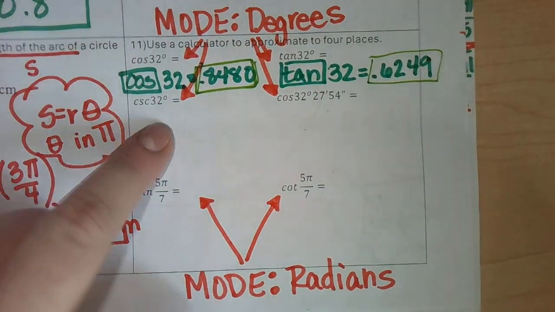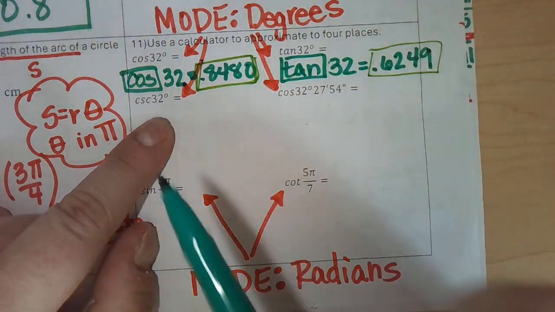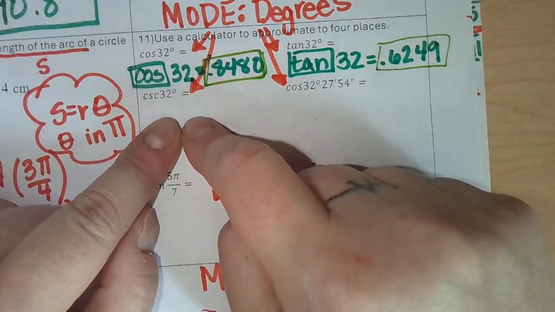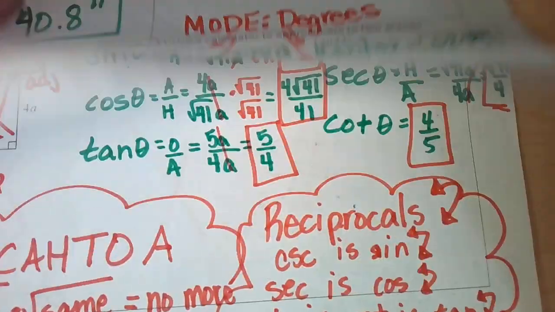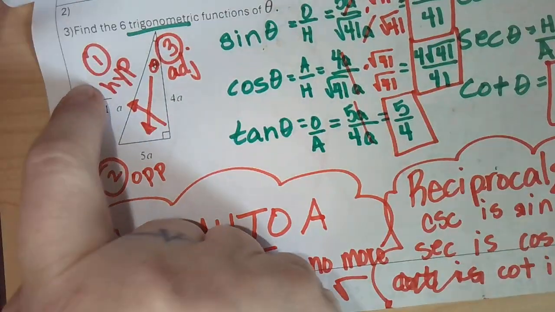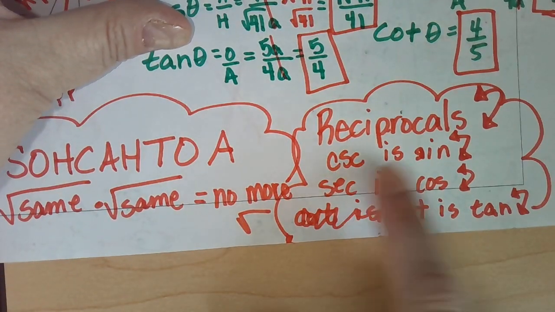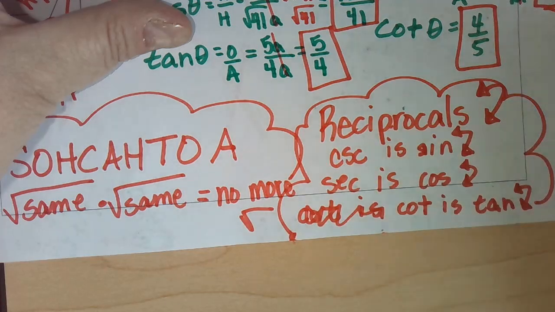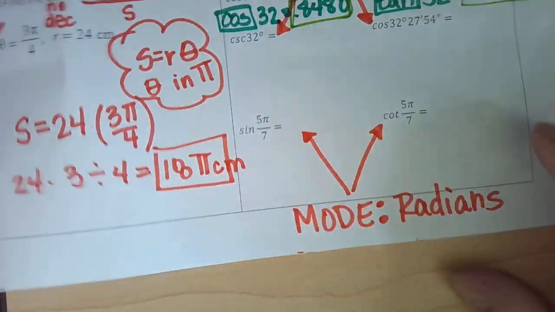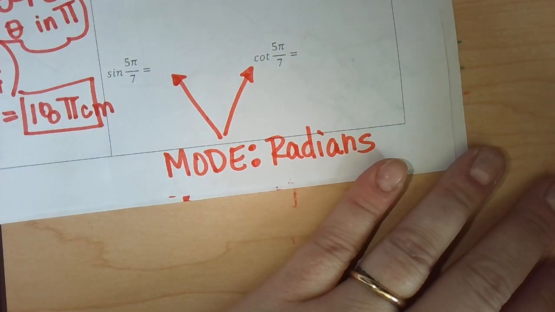All right. Cosecant. We have to remember what we wrote down for number 2 or 3, whatever, on the front page, where cosecant is sine upside down. Well, in the calculator, they're different.